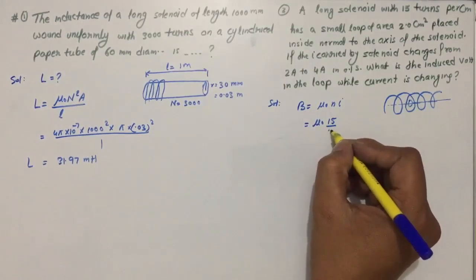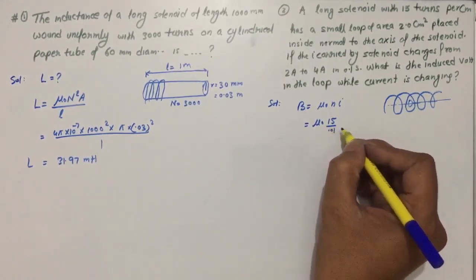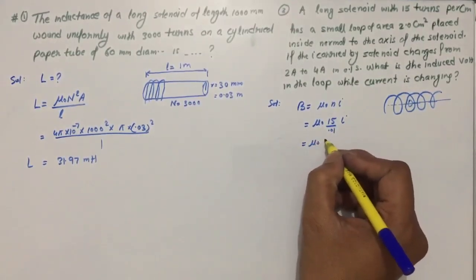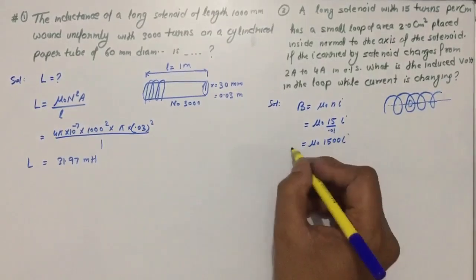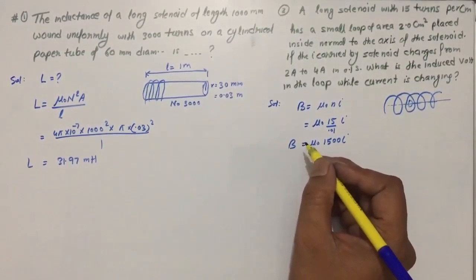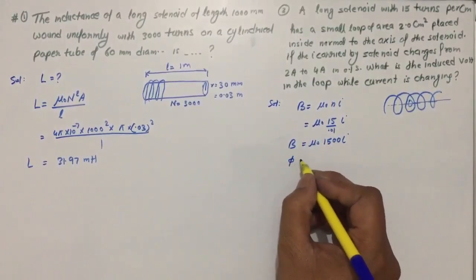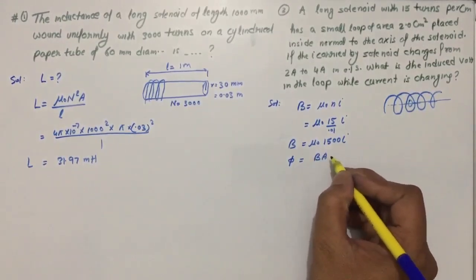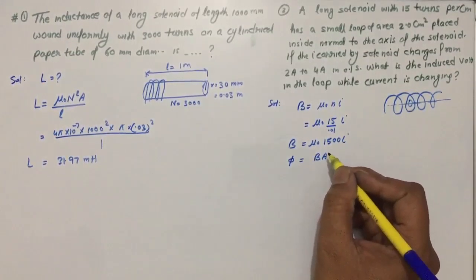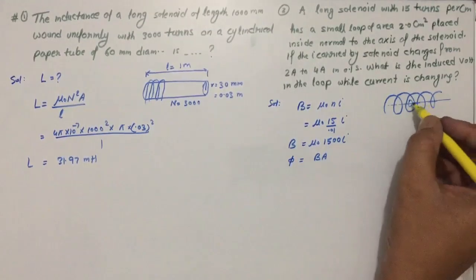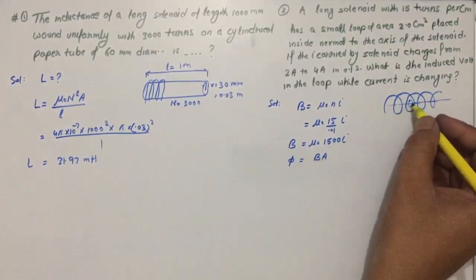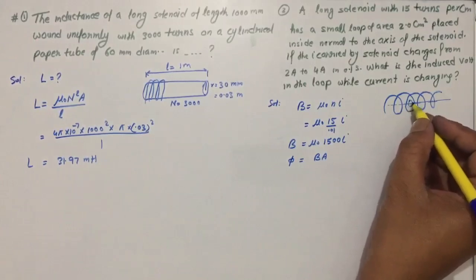So 15 turns divided by 0.01 meter times I. So from here we can write mu naught 1500 I will be magnetic flux density, and if we wish to find the flux, then that will be BA, and area means the flux through this we are required to know, so that we can find the EMF in this. So flux through this means area of this loop.